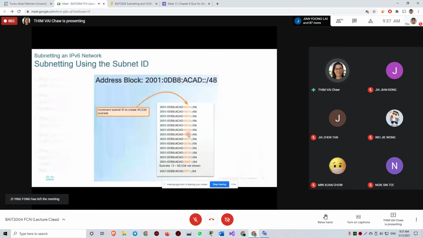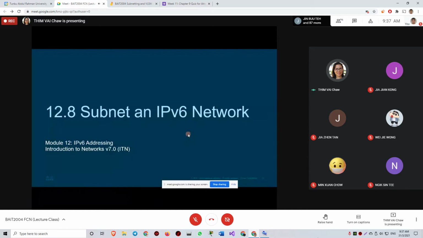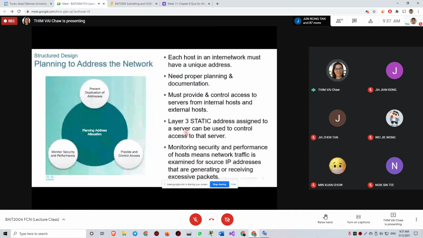But you also need to consider the design before. Actually, before you do any design or assign any IP address, you also need to think about security in terms of access control, because they are using IP addresses to access your server. You need to have your router also have an access control list.